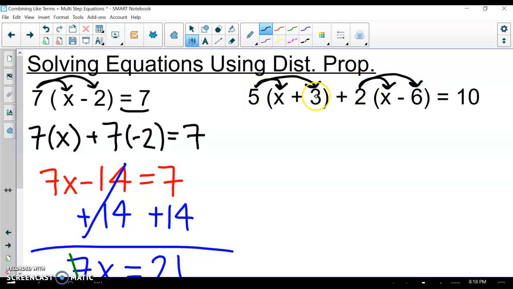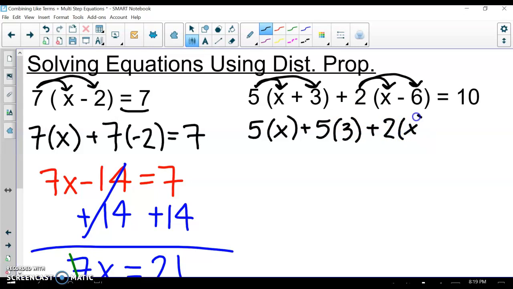Notice how I stopped the 5 here because there's a plus sign, which implies we're not multiplying the 5 through anymore. We are multiplying the 2 through now. So we have 5 times x plus 5 times 3 plus, now we have 2 times x plus 2 times negative 6. Carry the rest down equals 10.